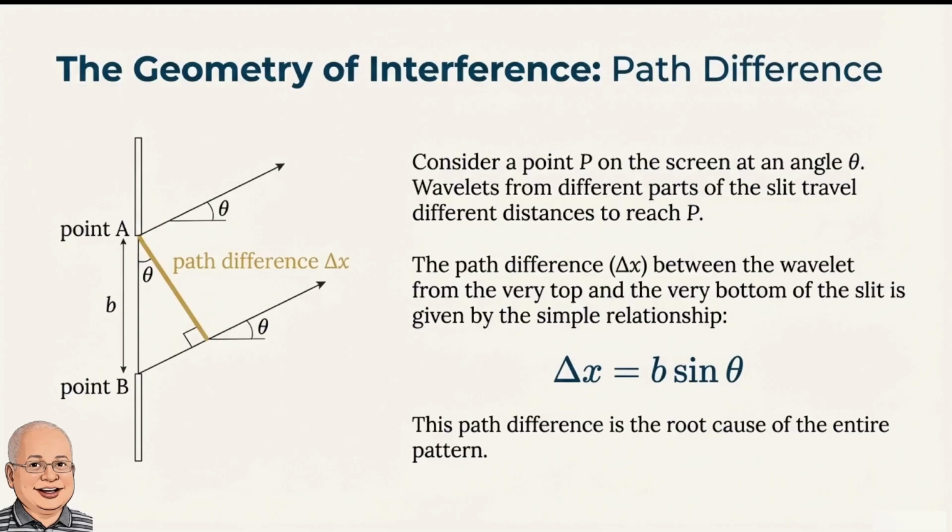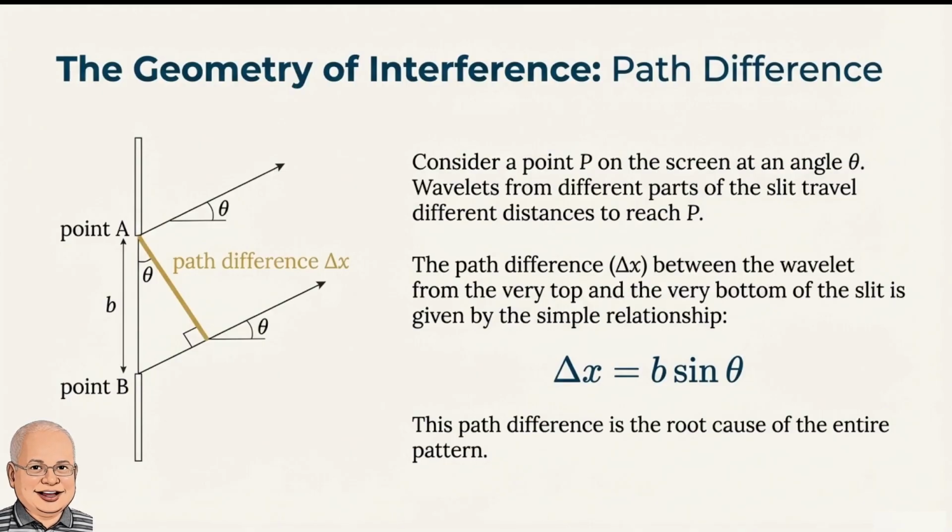Now let us try to understand the geometry of interference, particularly what the path difference is. Consider one slit. So the slit is from A to B. Slit width is small b. Now the light ray is passing through this slit, and from point A, the direction in which the light ray is going, from point B it is the same direction in which the light is going.